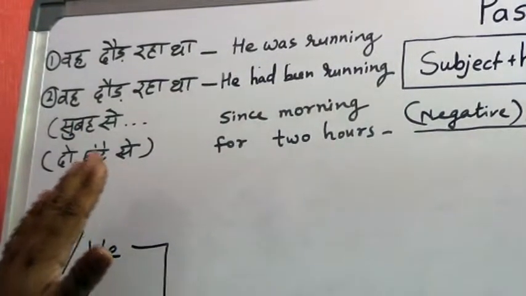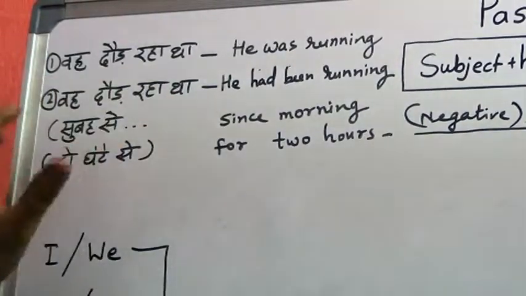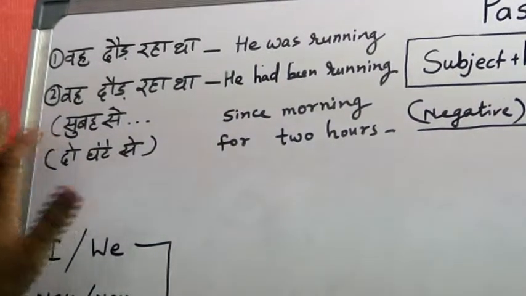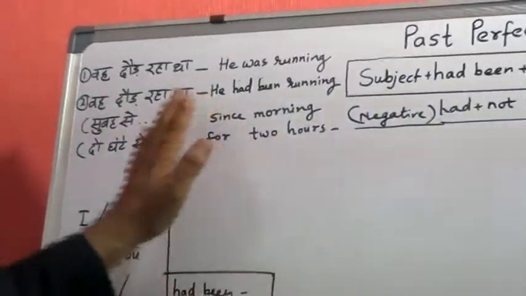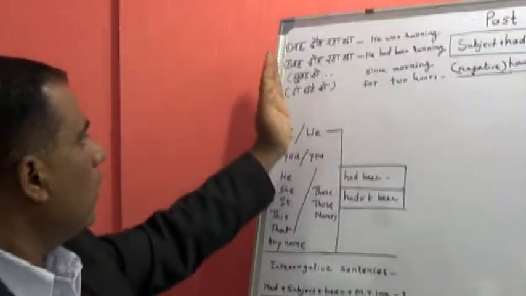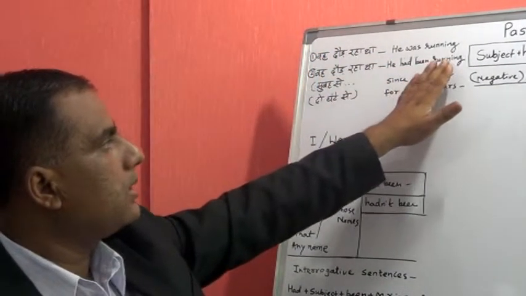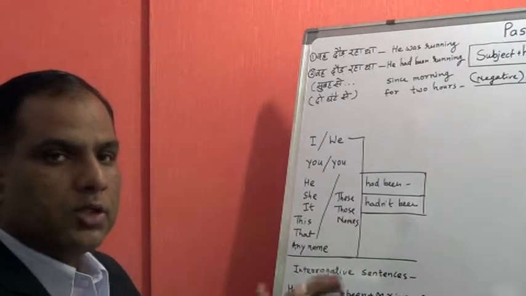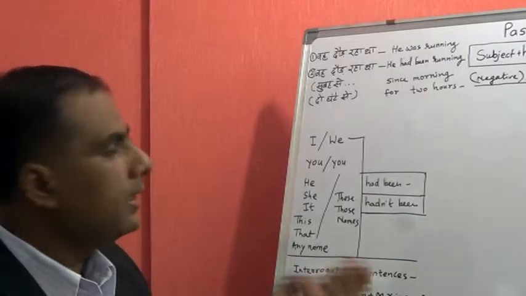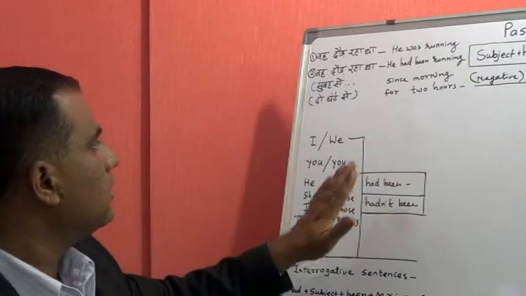Now take the second example. वह दौड़ रहा था, and here if सुबह से add हो जाता है, then its meaning changes altogether. वह सुबह से दौड़ रहा था, which means now this activity went on for a certain period, and that is why it is different from the past continuous.